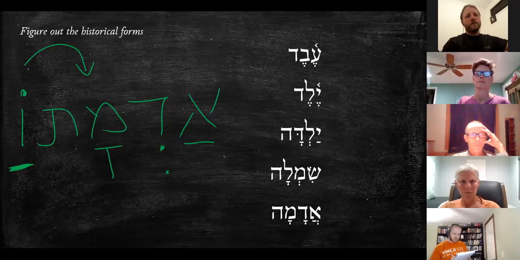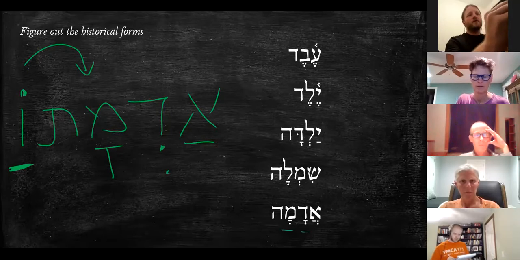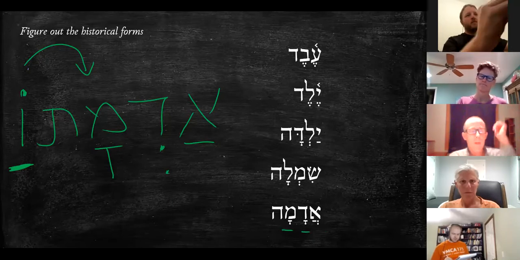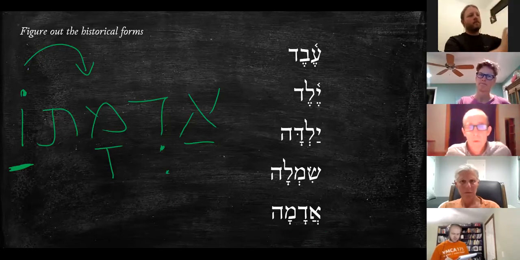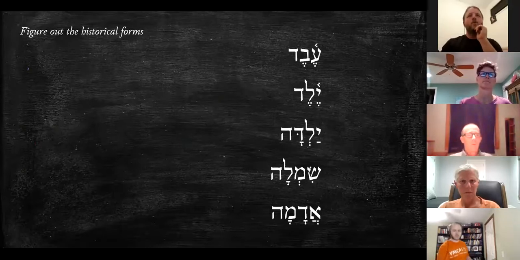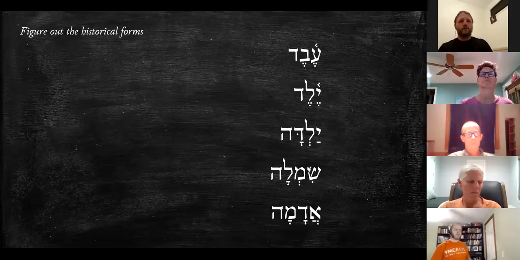Admato. Isn't that exactly the form? Okay. That is exactly the form. The historical form is adama. I was only hesitating because you said that historically it has a T on the end, which comes out whenever you add the suffixes or construct.